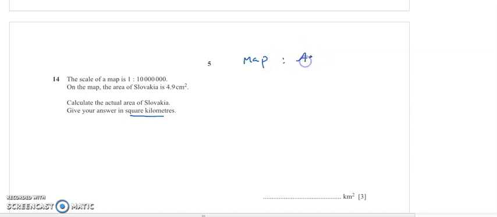So it means 1 centimeter on the map, the actual will be equal to 10 million centimeters. Now our final answer should be in kilometers.